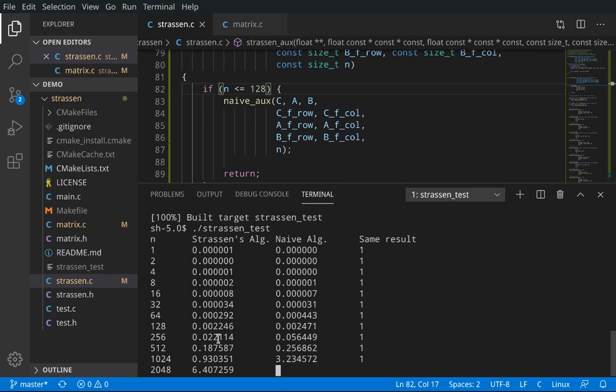Still, the Strassen algorithm is more than quadratic, of course, but we reduce the constants. So this is a good choice, at least from the point of view of the small matrices.